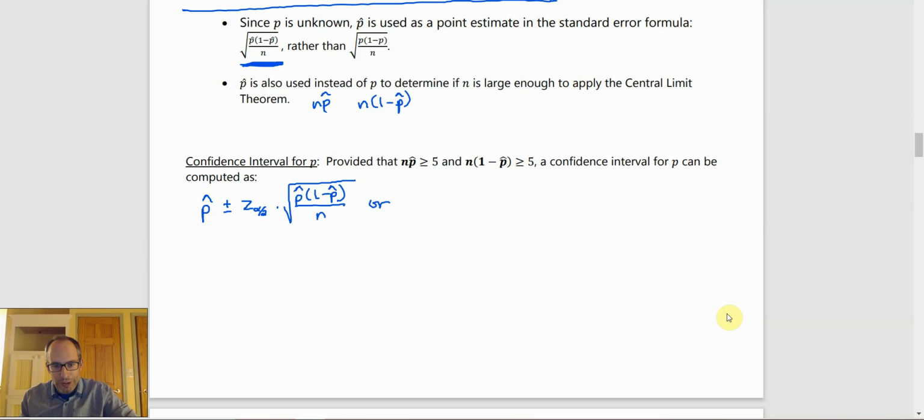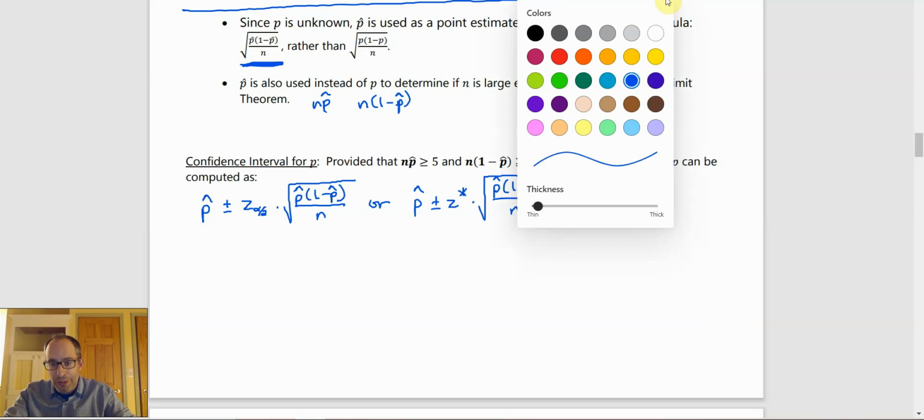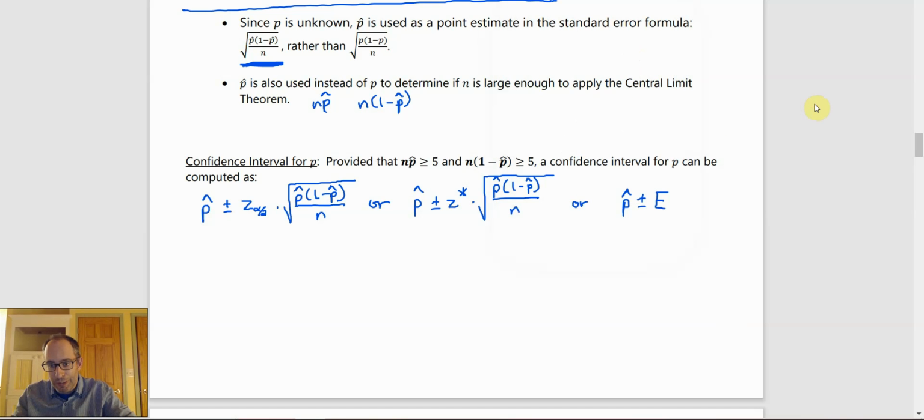Or if you want to write it the way that I write it, p hat plus or minus z star times the square root of p hat times 1 minus p hat over n. Or occasionally p hat plus or minus e, where that's the margin of error, because that sort of thing actually shows up in the homework, which is why I'm bringing it up now.